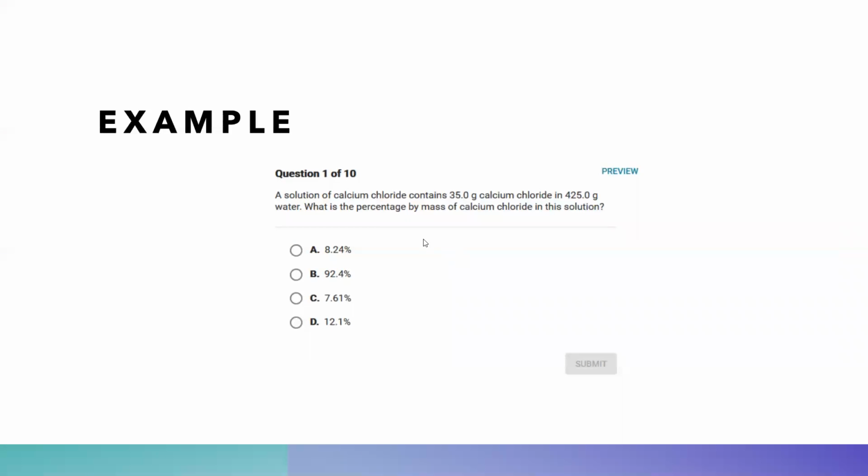But when I look at this, I did some highlighting for everything here. So I'm given the grams of calcium chloride and the grams of water, and I need to find a percentage by mass. And this starts to get kind of interesting because when we do a percentage, we know we're going to divide the one number by the total, by the bigger number.